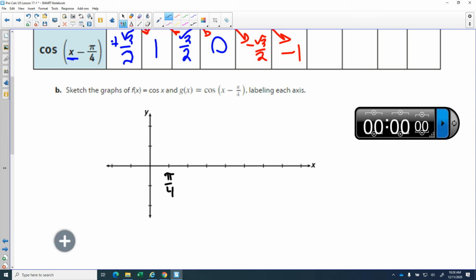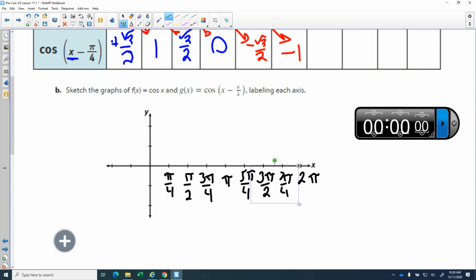So we make this pi over 4, pi over 2, 3 pi over 4, and then pi, and then 5 pi over 4. And this would become 3 pi over 2, 7 pi over 4, and then 2 pi. So all I'm doing is counting up by 1/4 each time.